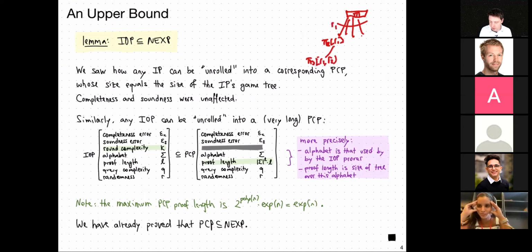These are the possible R1s, these are the possible R2s of the verifier. You can think of it as sigma to the L if you imagine the verifier using the same alphabet and the same proof length as the prover. Anyways, maybe this is a bit too short. This is what I meant, right?